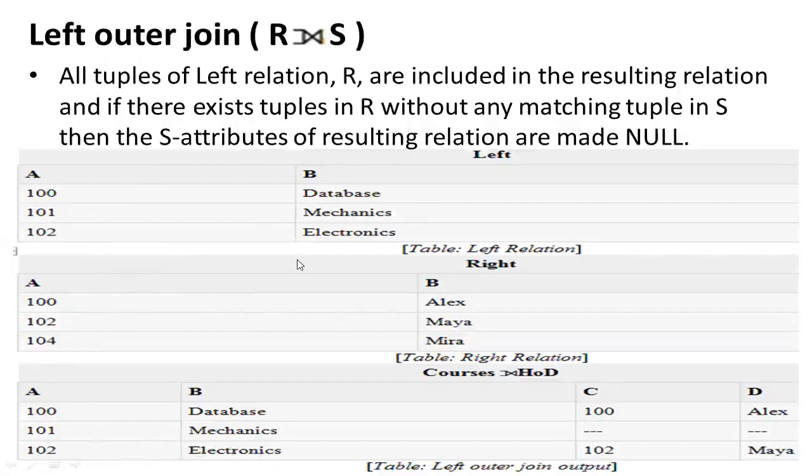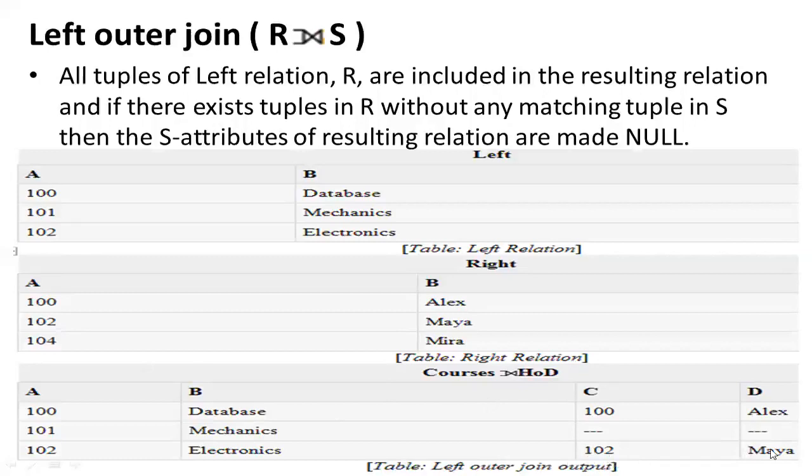Now 100 is present in the right table, so you perform the join, 100 and Alex. 101 is not present in the right table, so you make it null. Then 102 is present in the HOD table, so you join it, 102 Maya.